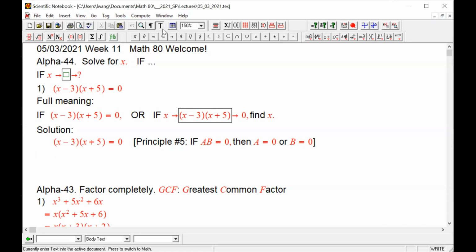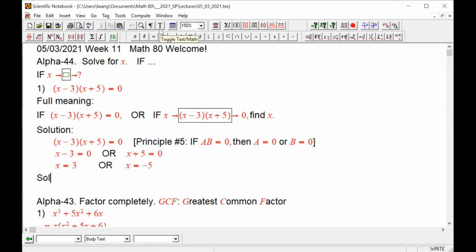And then following principle number 5, x minus 3 is 0, or x plus 5 is 0. And then we just solve each individual equation. We get x equals 3, or, let me change to math mode, the other one would be x equals -5.